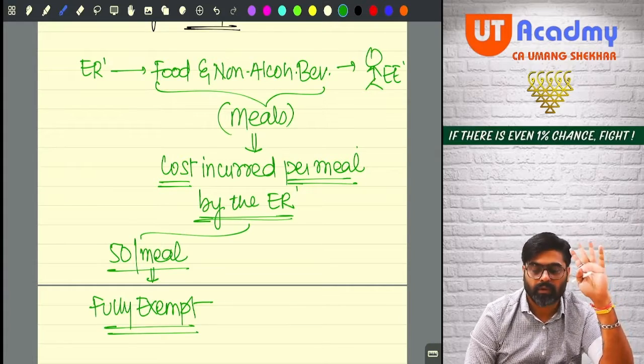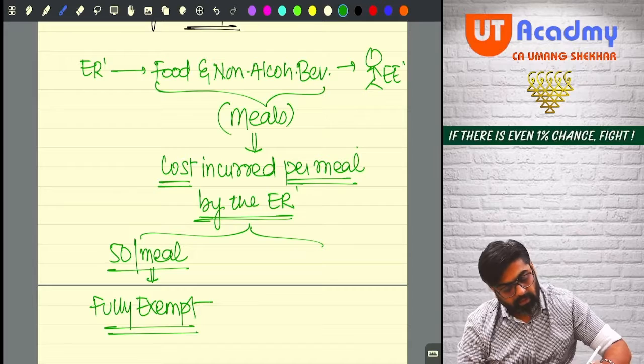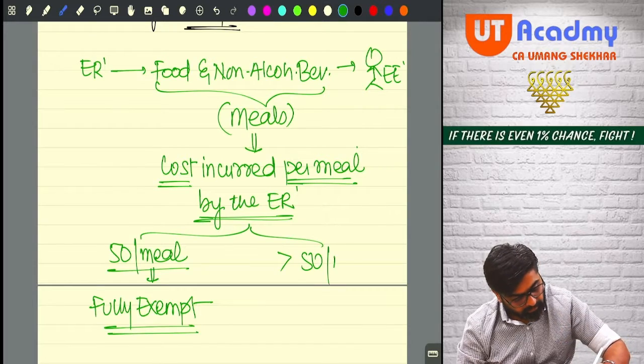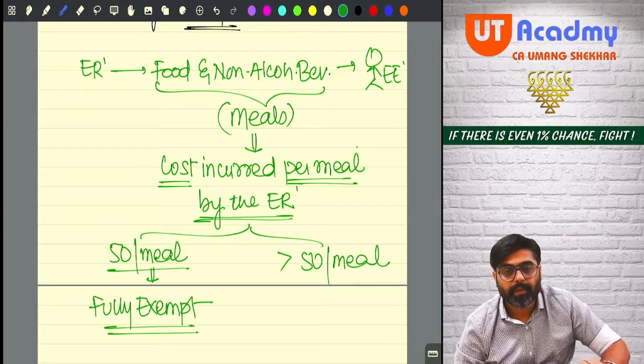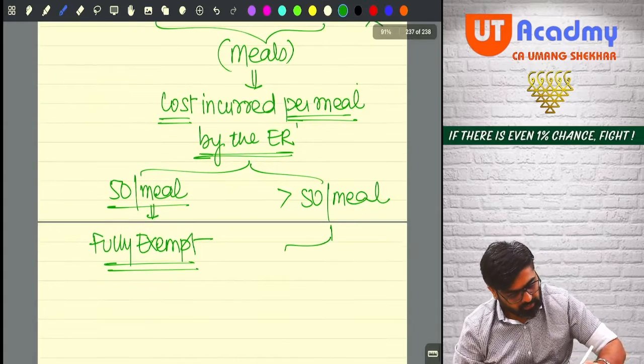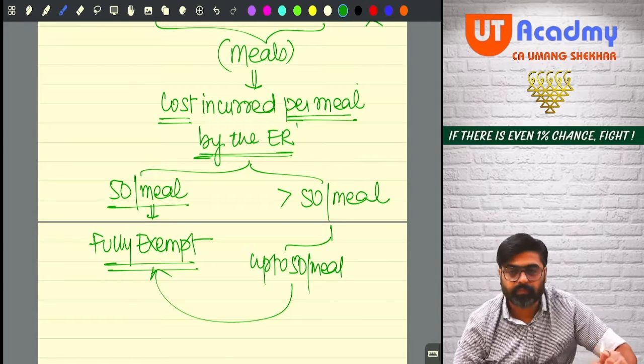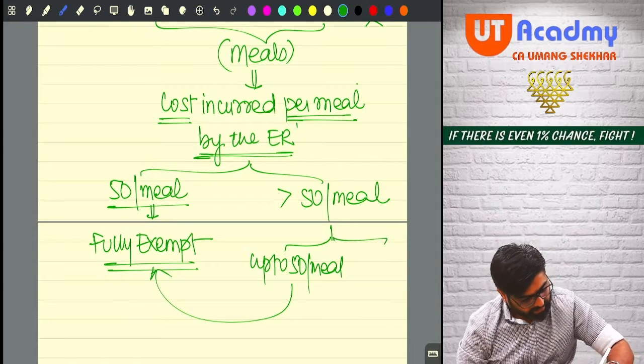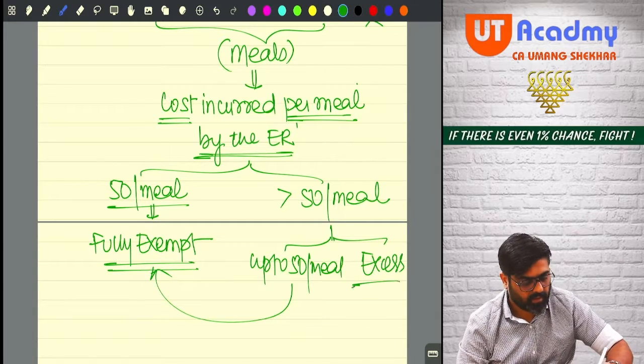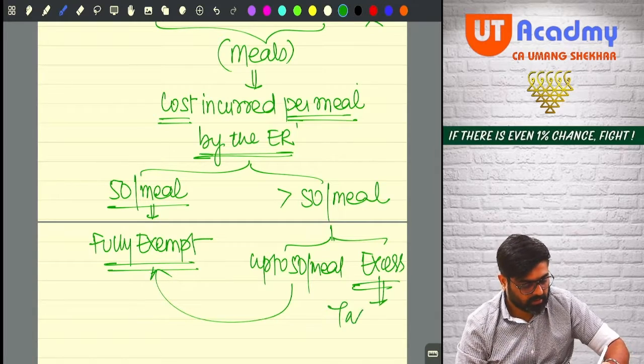Understood? Now wait. What if the cost incurred per meal is greater than 50 rupees per meal? Then out of this, up to 50 per meal is exempt. But any excess amount over and above 50 will be a taxable perquisite.